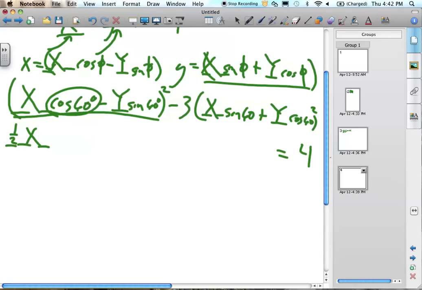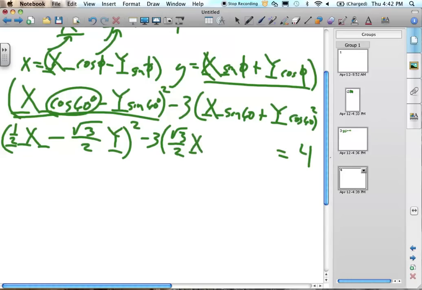This is the cosine of 60 minus the sine of 60 degrees, which is the square root of 3 over 2 y, squared, minus 3 times sine of 60, we just found it, the square root of 3 over 2 x plus 1/2 y, squared. Now I'm going to expand these guys right here.